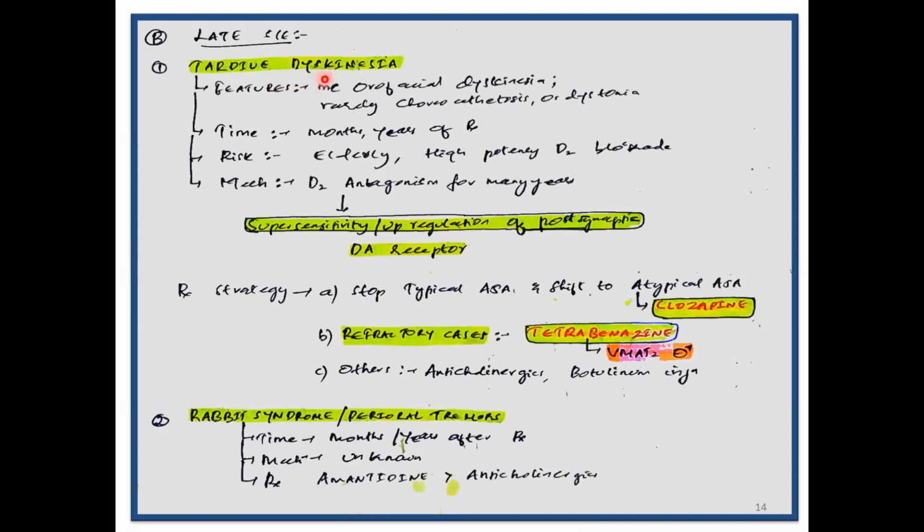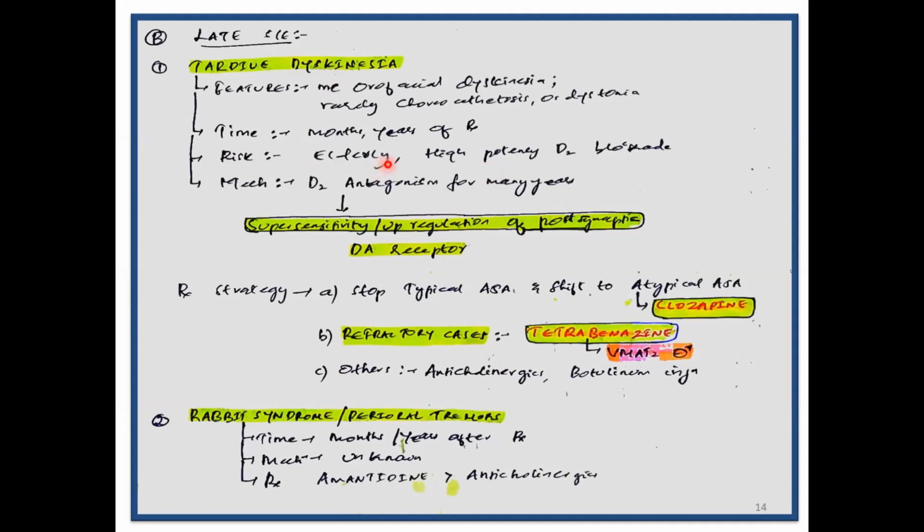One of the most common movement disorders associated with tardive dyskinesia is orofacial dyskinesia, and rarely the worst forms are choreoathetosis or dystonia. It is usually seen between months or years of treatment with antipsychotic agents, with the elderly population as a risk population, and it is seen in those patients who take the high potency first generation antipsychotics.